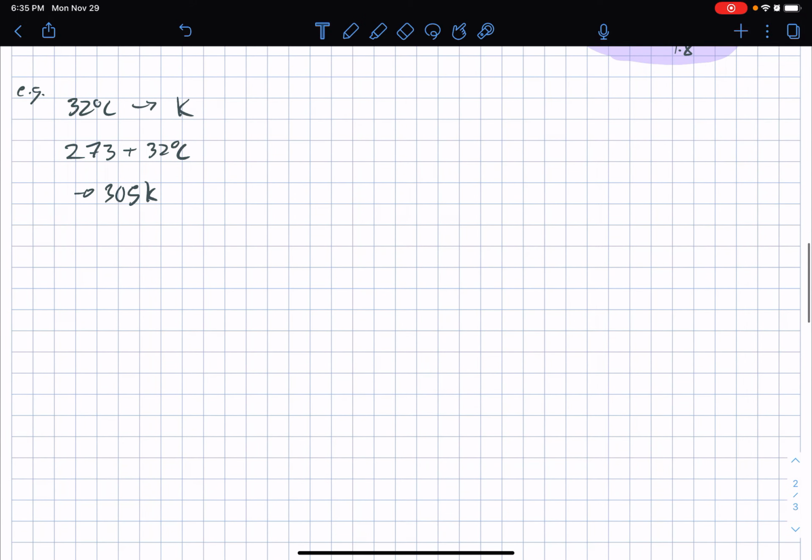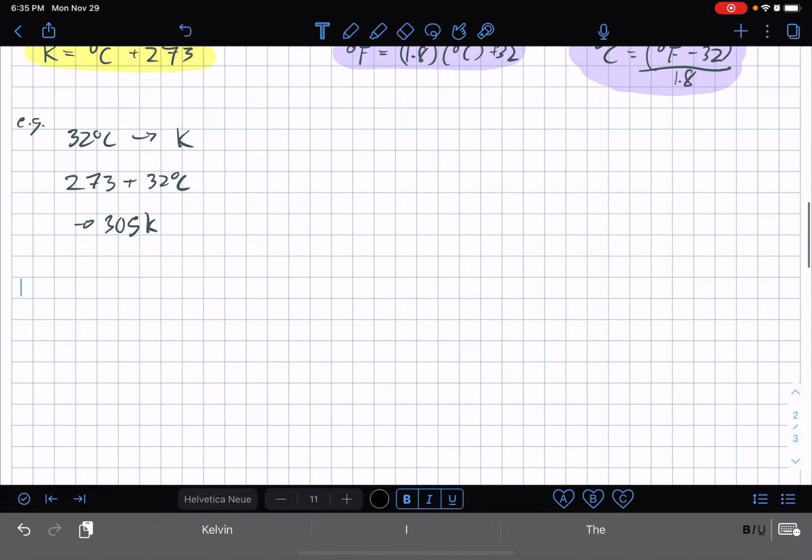Alright, let's move to the next part of the ideal gas law. One thing that you have to know is all about the standard temperature and pressure.